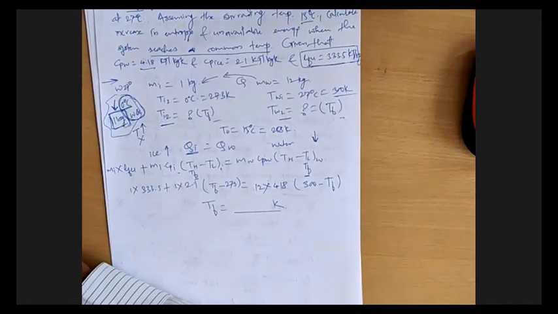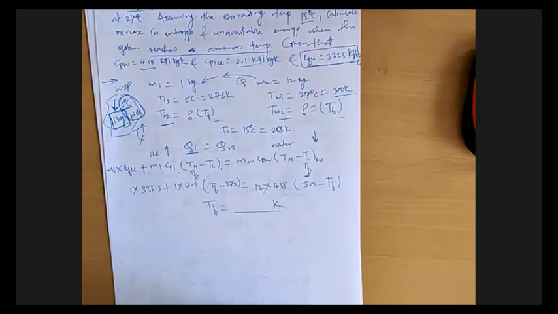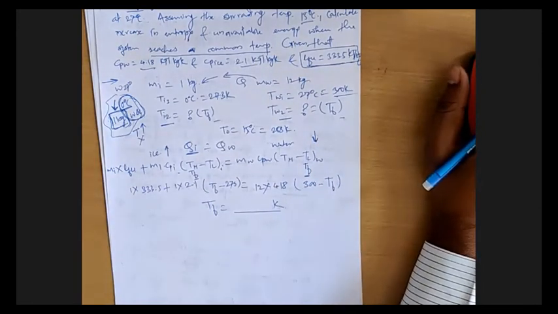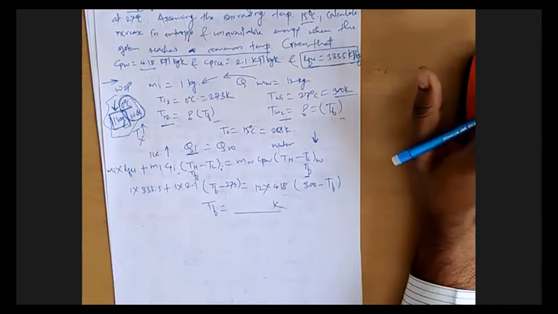Anybody has got any doubt? Whatever I just did over here, if you have any doubt, let me know. I will explain it again. Or if you don't have any doubt, put values in the calculator and let me know the final temperature. Anybody has got any doubt? I'll take that as no. So solve this one and let me know the final temperature.